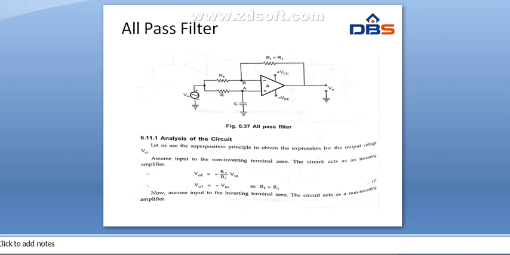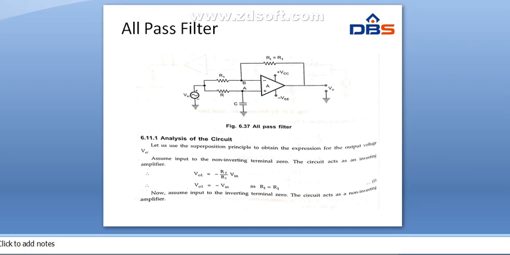So the low pass filter, high pass filter and band pass filter are used to adjust the magnitude of the transfer function. So low pass, high pass, band pass and band elimination filters are used to adjust the magnitude of the transfer function of circuit, but this filter adjusts the phase angle characteristics of the circuit.